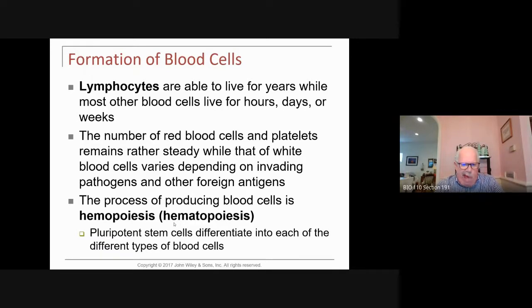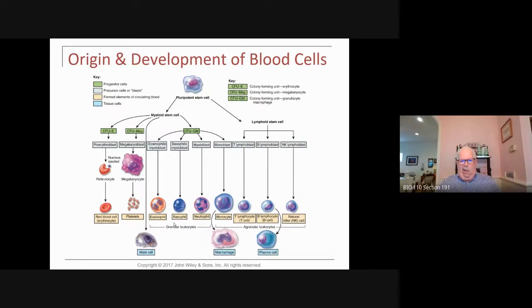The word hematopoiesis is the process of producing blood cells. All blood cells come from stem cells. And this slide, busy as it might be, is a very important slide. It will show you where all of your red cells and white cells and platelets come from.